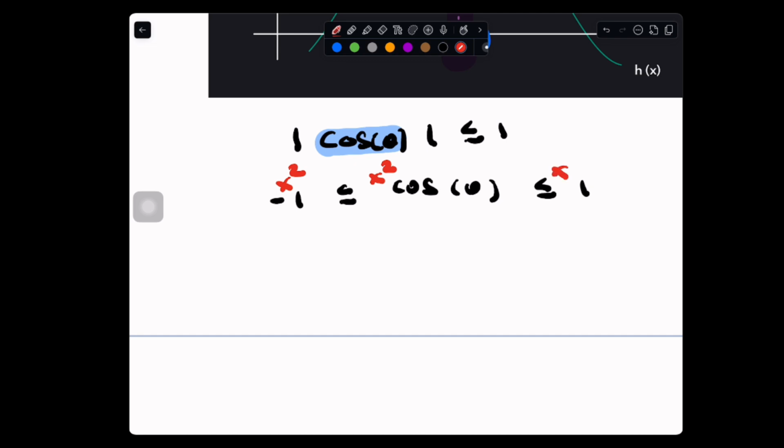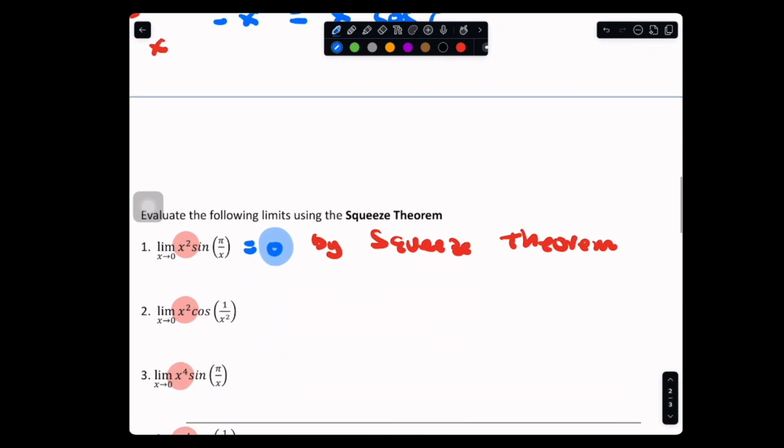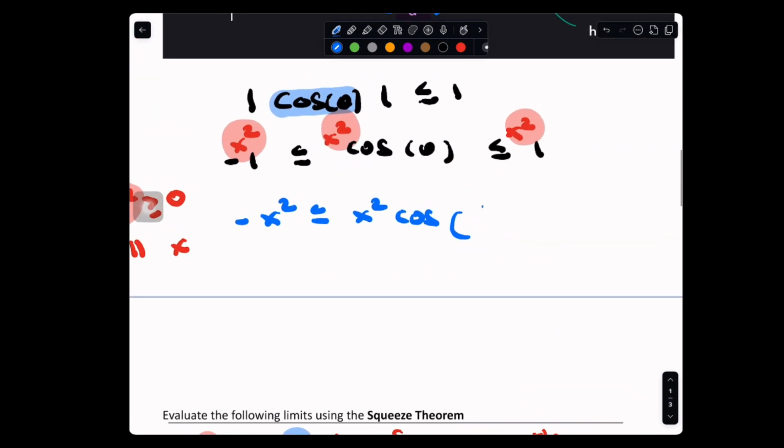it doesn't change the direction of your inequality, because x squared will be positive. In fact, it will be greater than or equal to 0 for all x values. So that term right here doesn't change your inequality. You'll end up with negative x squared again, less than or equal to x squared cosine of 1 over x squared, which will be less than or equal to x squared.